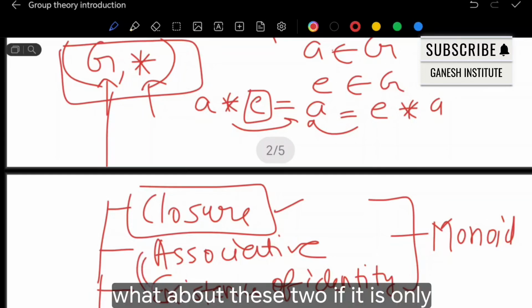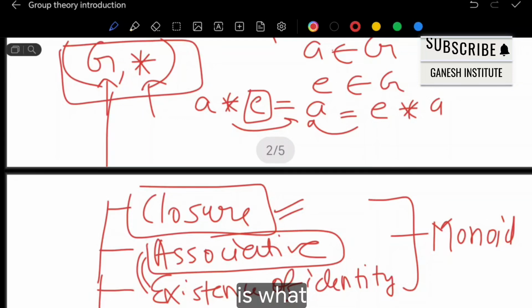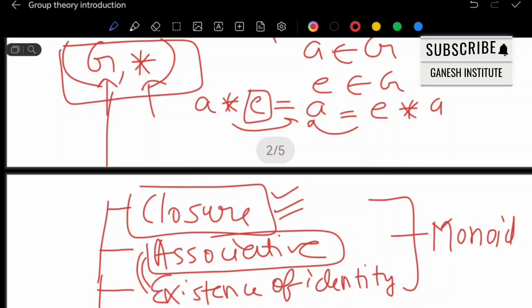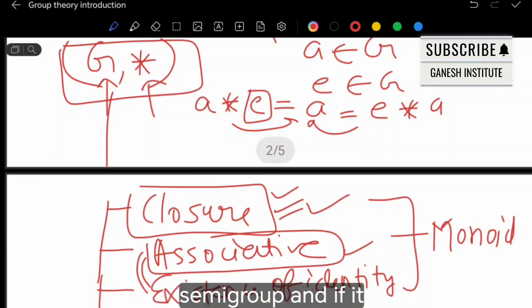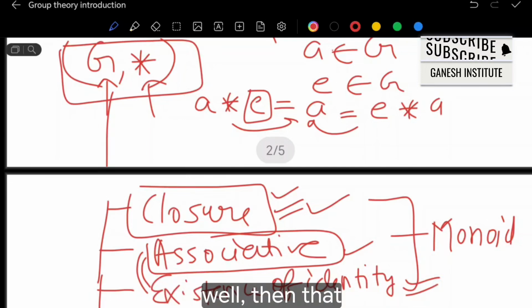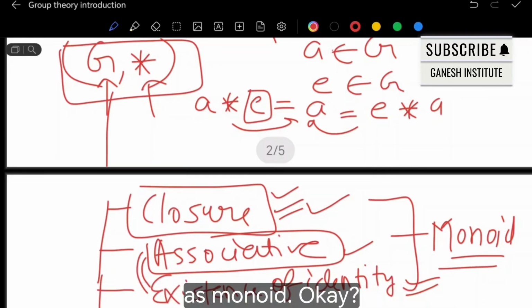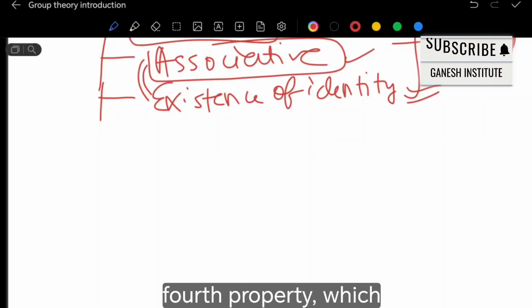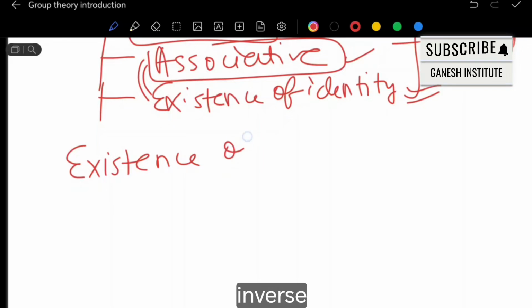But what about these two? If it is only associative apart from closure, it is what? Semigroup. If it is only closure, that is algebraic structure, which is groupoid. If it is groupoid as well as associative, then it is a semigroup. And if it has existence of identity as well, then that algebraic structure will be considered a monoid. Okay. Let's move on to the fourth property, which is existence of inverse.